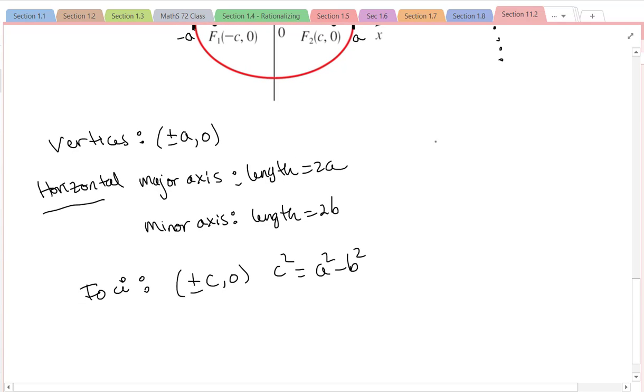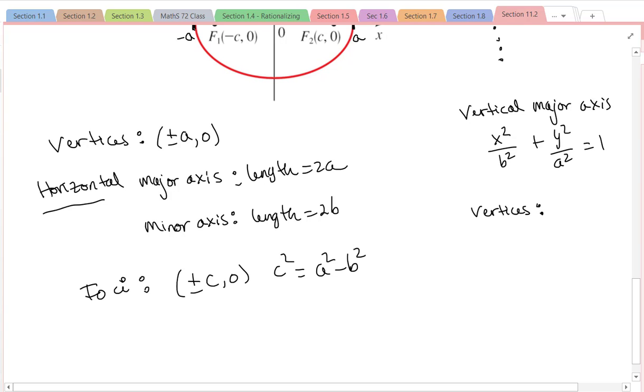Now if I have a vertical major axis, so the second equation of the ellipse, I'm just going to write it real quick over here. So it'll be x squared over b squared plus y squared over a squared equals 1. So in this case, we're looking at the vertices of the major axis essentially.